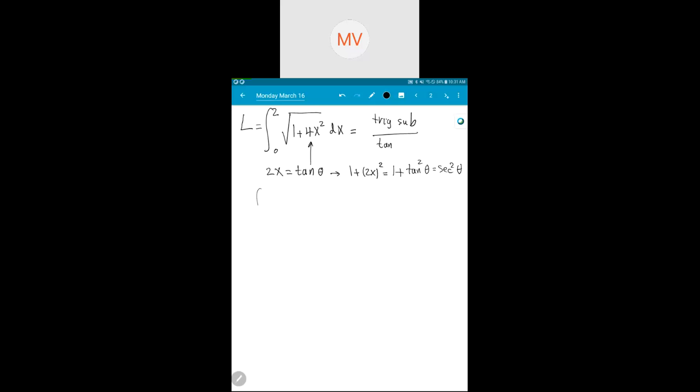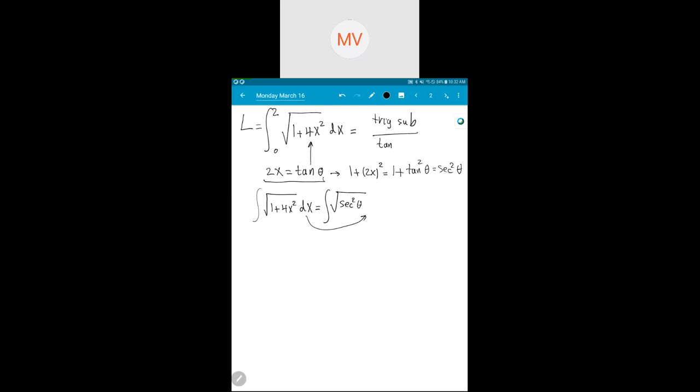So for that reason, the integration of the square root of 1 plus 4x squared dx becomes the square root of secant squared theta. And we should have calculated something as well. What's dx, guys? Because I have to replace dx. Well, we can find dx from that equation right there.